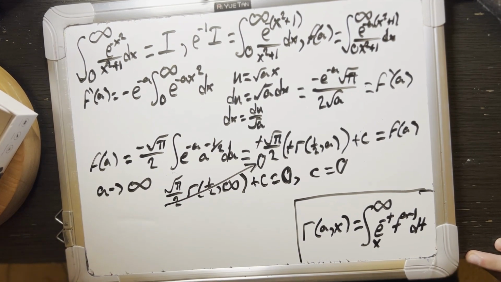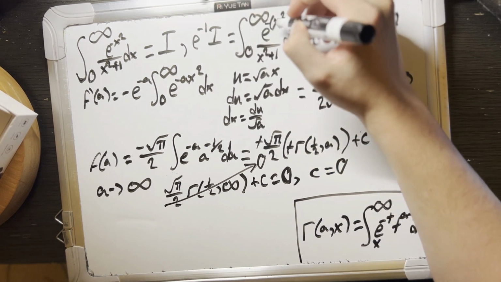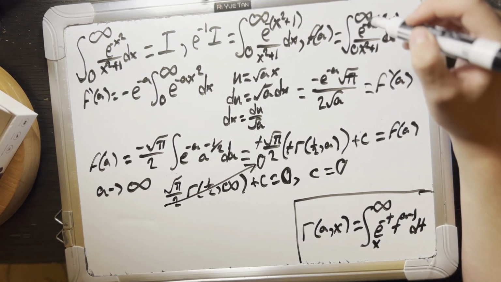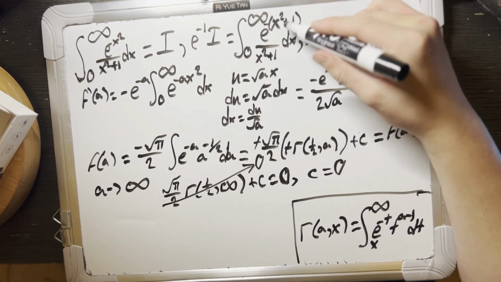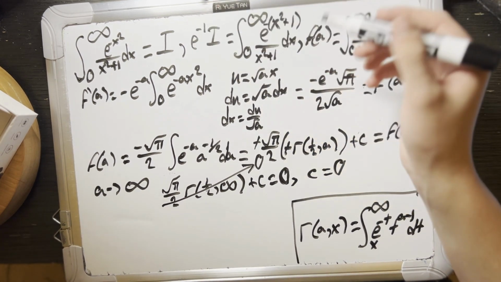Okay. So now how do we retrieve I? We know that I is equal to e to the minus x squared plus 1. So to regain I, we have to let a equal 1, right? And then multiply by e.